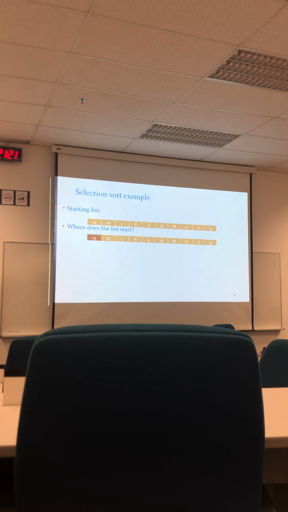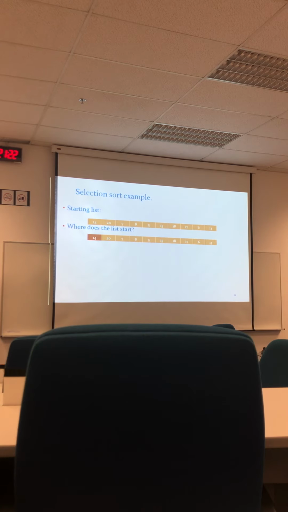We go through the array to find out which one is the smallest element. Check all the elements to see which one is the smallest. In this case, this is the smallest, right?